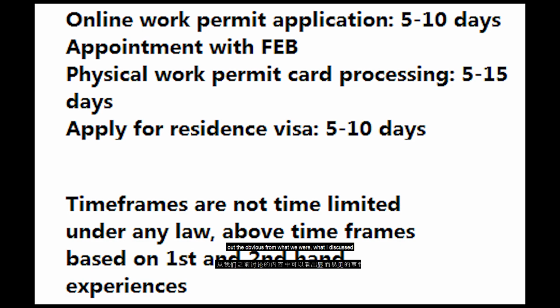Now, I just want to point out the obvious from what I discussed previously. The time frame for work permit and residence visa, even the first step, can take sometimes 10 days.